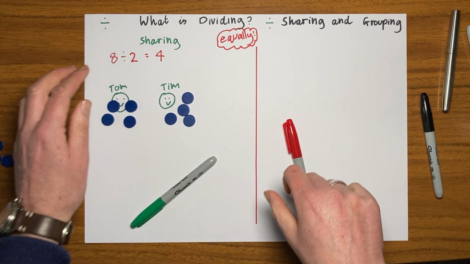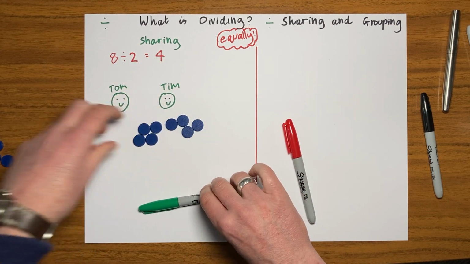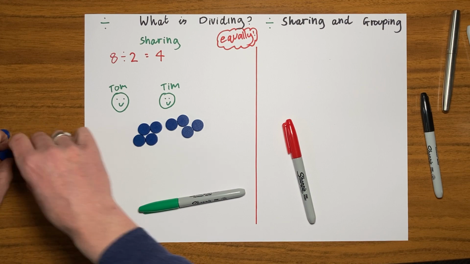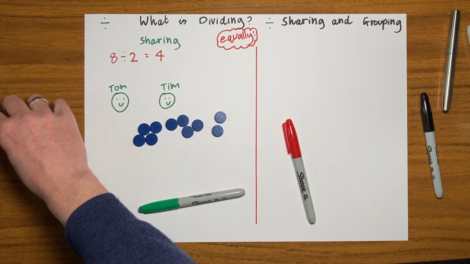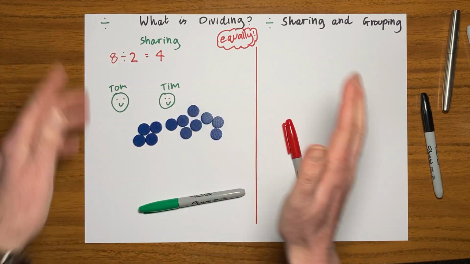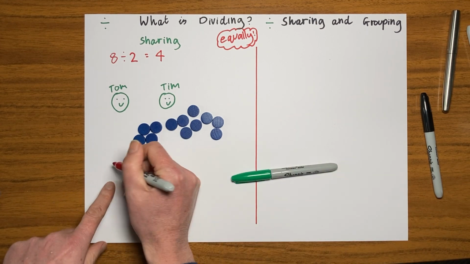Let's do another one, okay? This time I'm going to get 12. So I've got 8, 9, 10, 11, 12. This is the number I'm going to start off with.